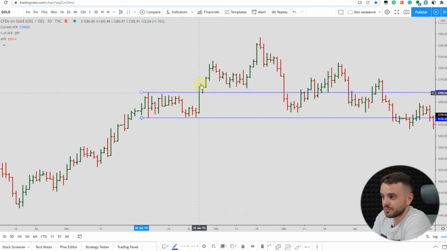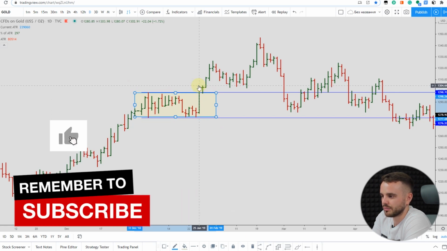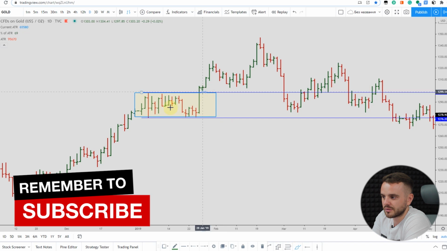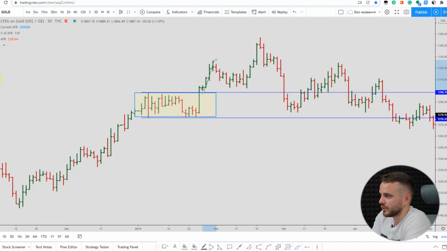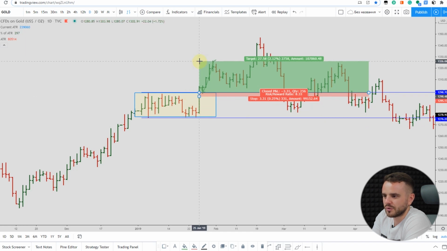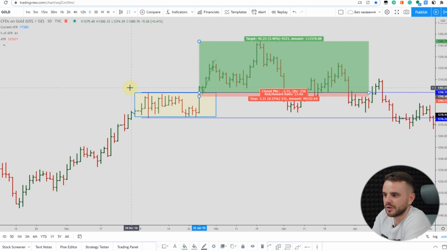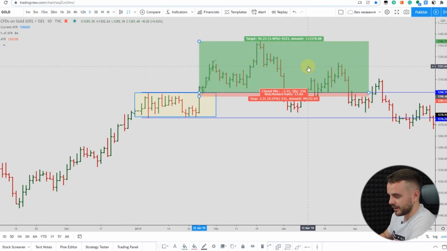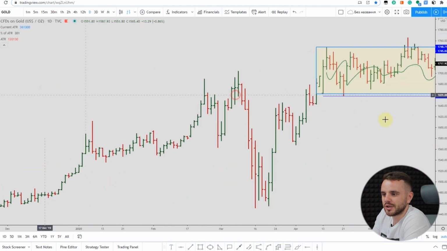Price broke this range, and maybe you didn't open a trade here when the range was broken, but you could open an entry when price came back and made a false breakout here. From that point, price rose up. If you open a proper entry with a proper stop loss, price rose up for a risk reward of 1 to 8, or even if you held it for this period, up to 1 to 15. That's why you should trade it properly.